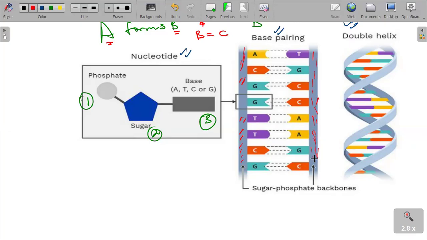It is made up of what? It is the phosphate sugar backbone, which is molecules 1 and 2. Molecules 1 and 2 form the strands. Phosphate sugar forms the strands of the DNA structure.